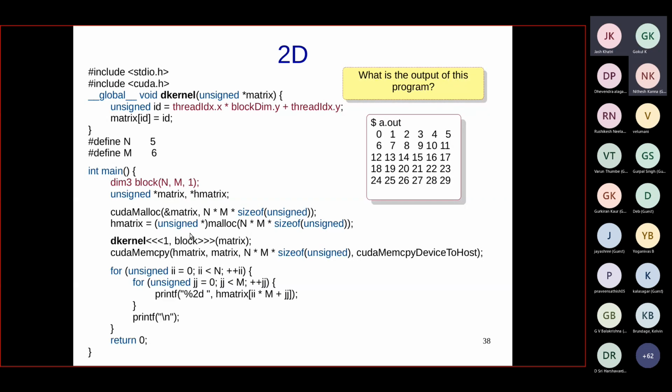Okay, go on sir. So I thought that when block dim is called, it will find the actual number of blocks that thread is in. No, block dim, okay, so I think you are confused here.